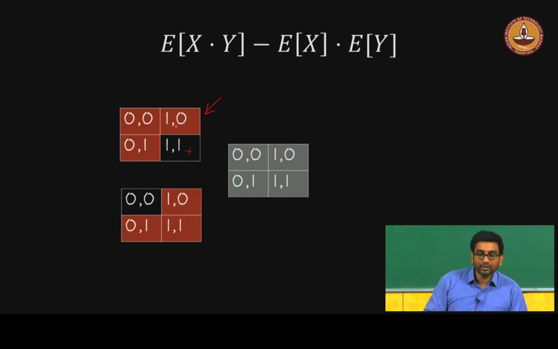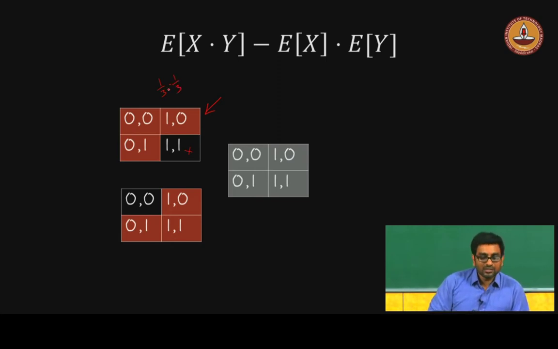So, what is the expectation of x here? Expectation of x, this one is 0, 0 and 1. So, the expectation of x is 1/3, right. So, I am trying to work out this thing. Expectation of y, what is the expectation of y? Yeah, so that is also 1/3.